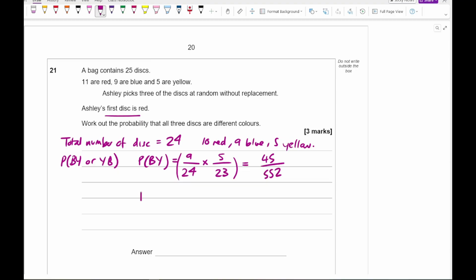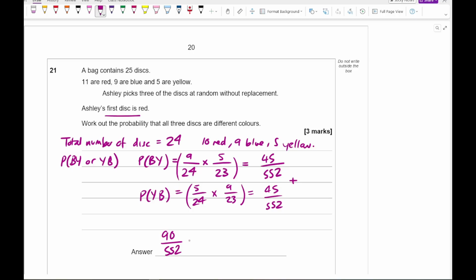Then if I work out the probability of yellow and blue, that's going to be 5 over 24 multiplied by 9 over 23, which gives me the exact same fraction of 45 over 552. So all I then need to do is simply add those two fractions together, in which I get 90 over 552, which I can leave as a fraction.